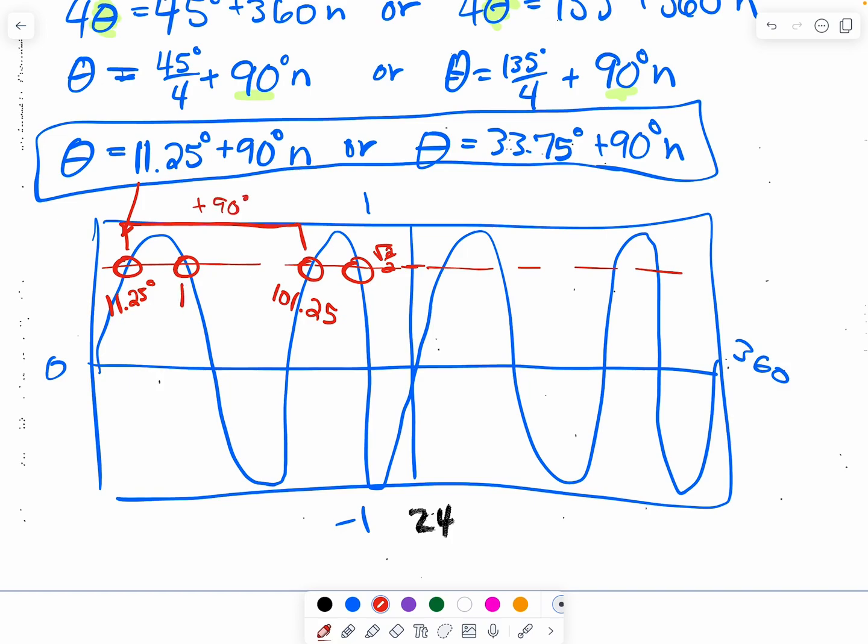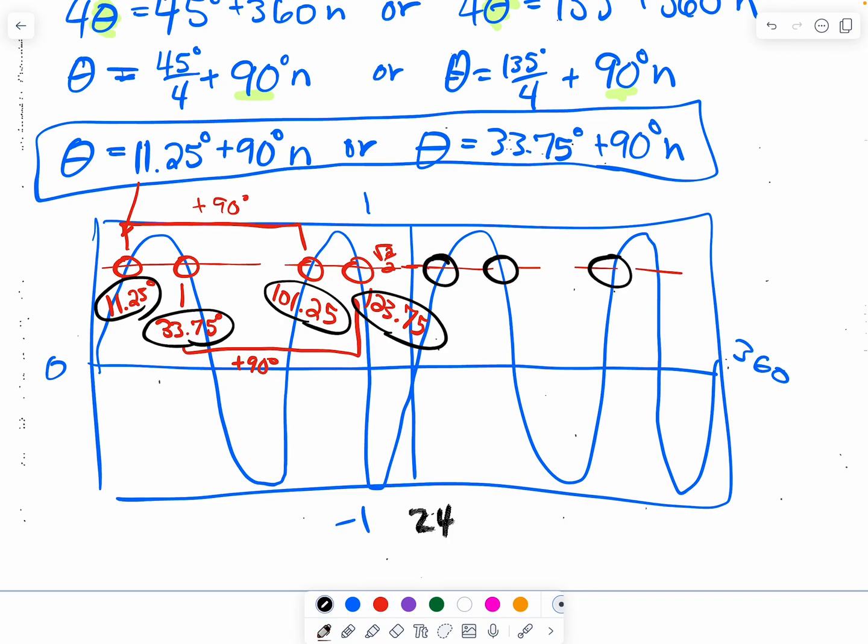This angle here is 33.75, and then 90 degrees later is 123.75. I don't have a calculator with me. I believe there are four more solutions that are just 90 degrees apart, so maybe when n is 2 and 3, you'll get those remaining four.